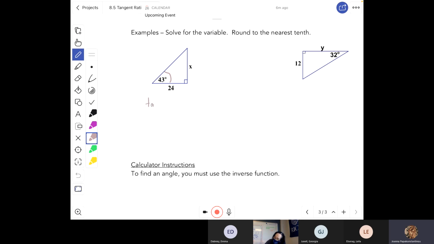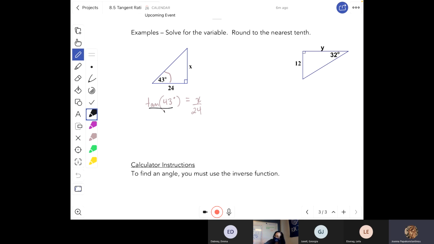So it would be the tan of 43 degrees equals what? Opposite over adjacent would be what ratio? X over 24. Now, how am I going to solve for X? Well, can't I just write this as a proportion, a ratio set equal to a ratio? And how would I solve for X?